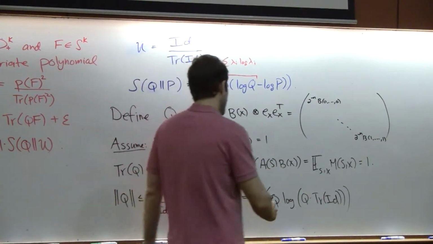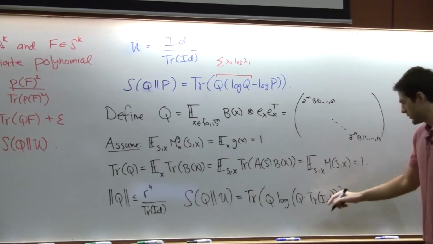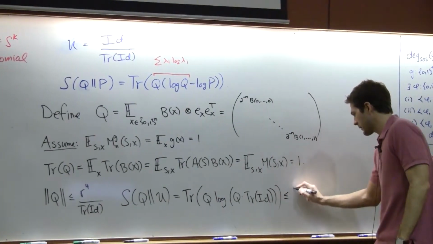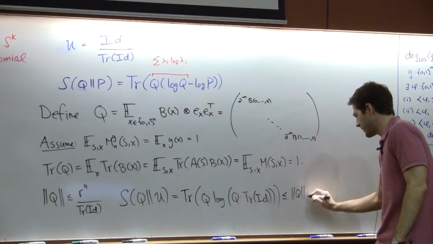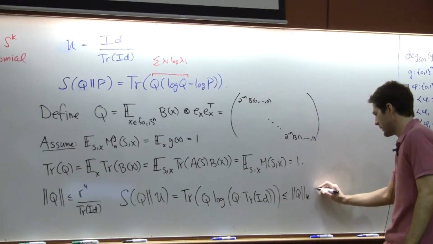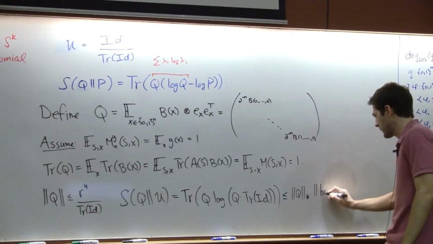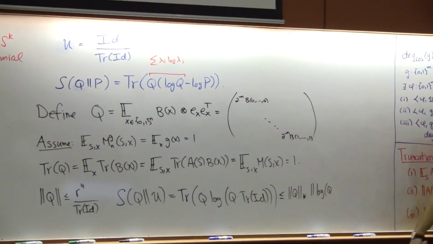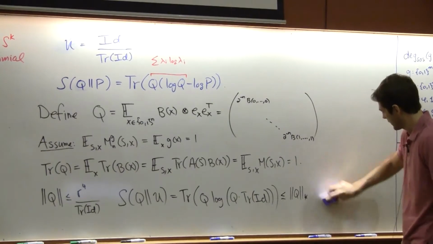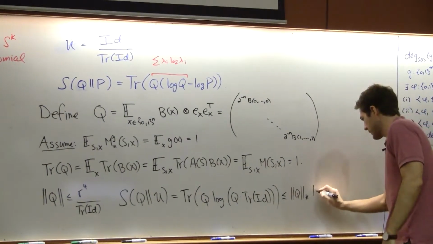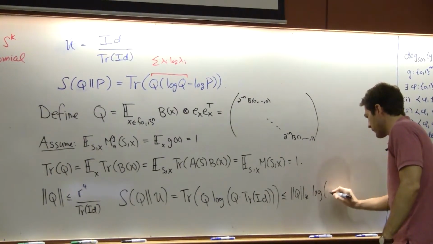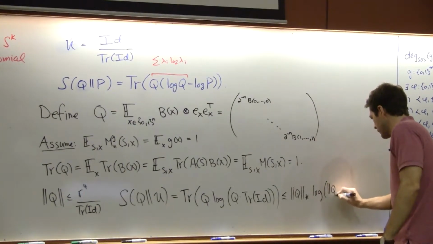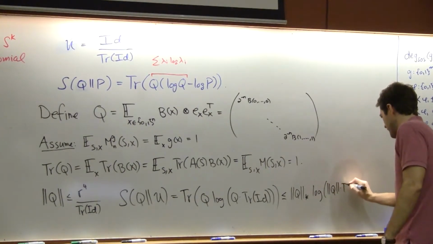Now we just bound this by the trace of q times the operator norm of log q, that is, the log of the operator norm of q times the trace of the identity.